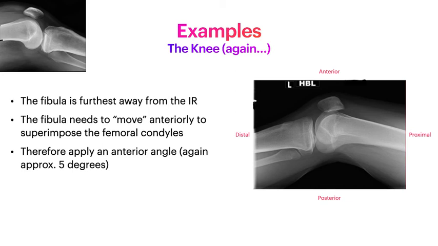Now, the fibula needs to move anteriorly, it needs to move up so that we can superimpose the femoral condyles, and then we can apply an anterior angle. Again, approximately 5 degrees. And in the corner, I forgot to point this out earlier, but I've included a picture of your perfect, gold standard horizontal beam knee, just to see whereabouts we should be, to compare the image that we've got.